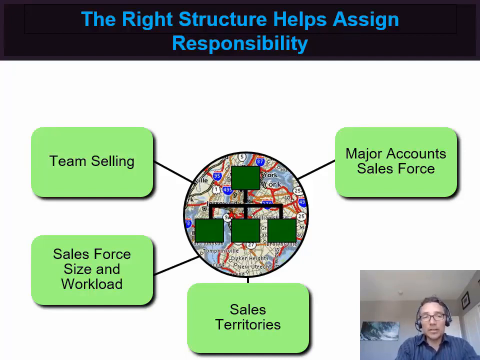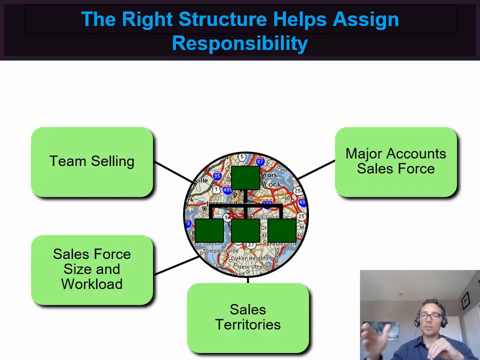And salespeople typically have a territory. Now, how do you determine the size of the territory that a salesperson can handle, right? Well, are they going out and getting new business, an order getter, or are they managing existing business, an order taker? So the sales force size and workload depends on things like how many customer contacts you expect that salesperson to make in a workday, in an 8-9 hour shift.